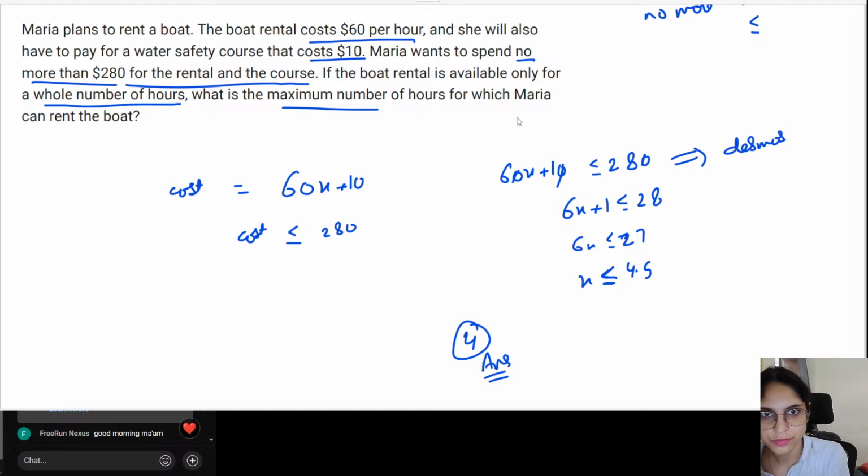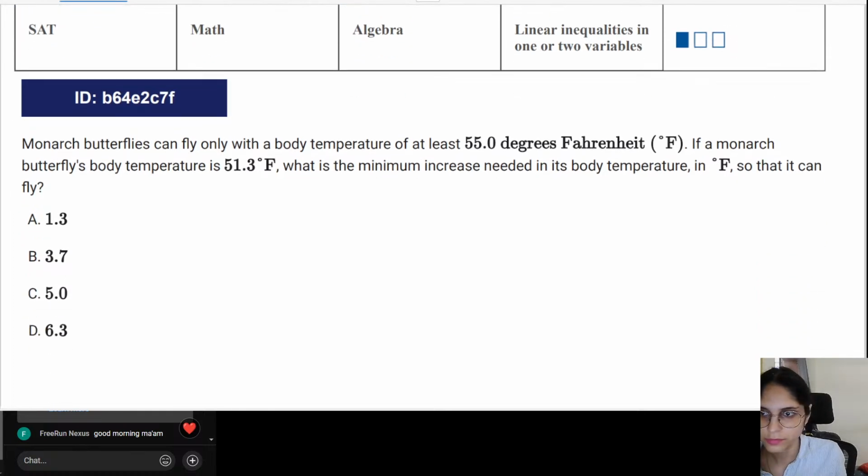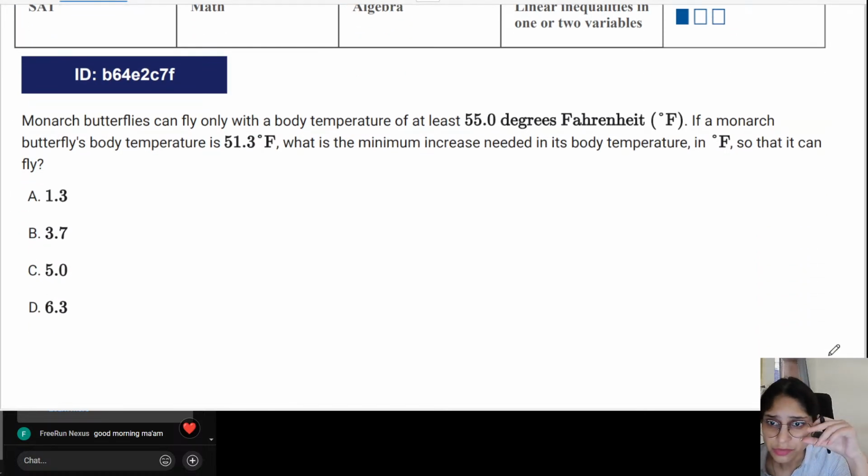Next is question number 45. Monarch butterflies can fly only with a body temperature of at least 55 degrees Fahrenheit. So temperature should be greater than or equal to 55.